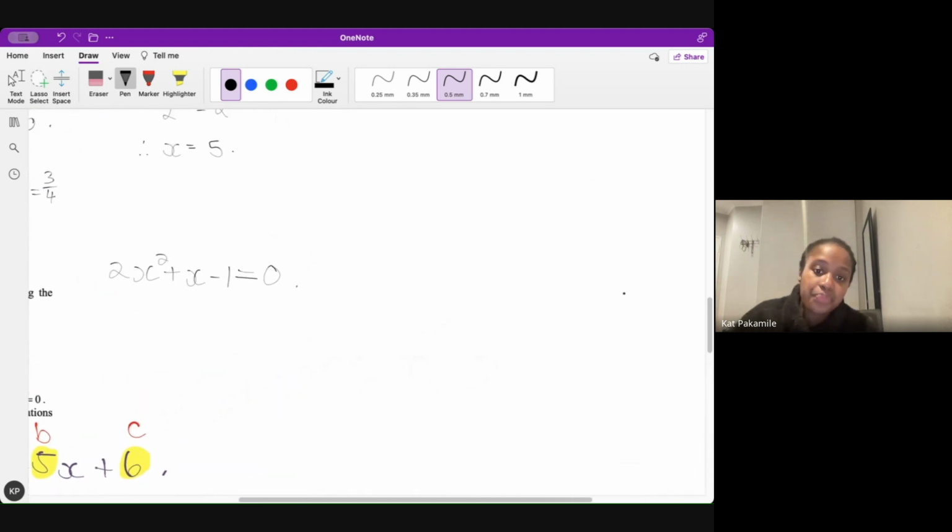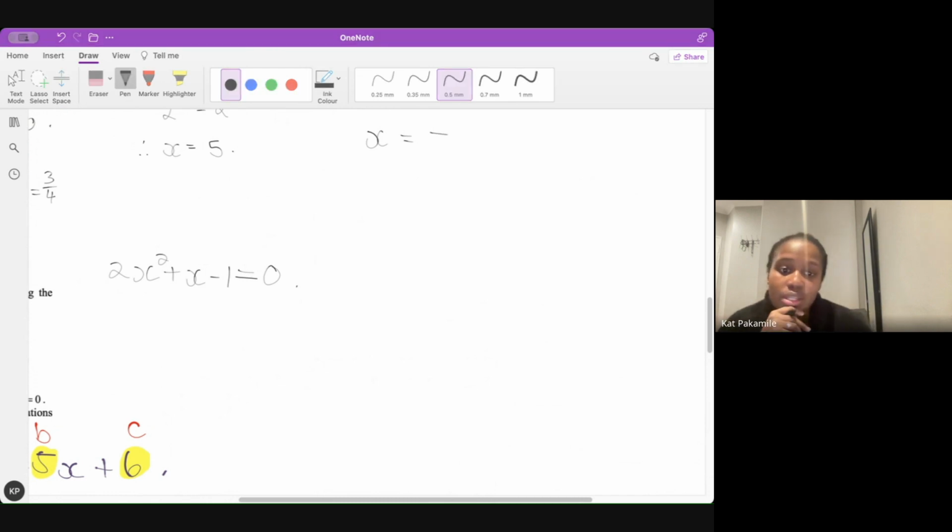Let's see. I'm going to start at the top over there. Negative b. What is b for this specific case? What is my b this time? So it's A, B, and C. So B, if there's nothing in front of my x, then that means B is what? There's nothing in front of x.